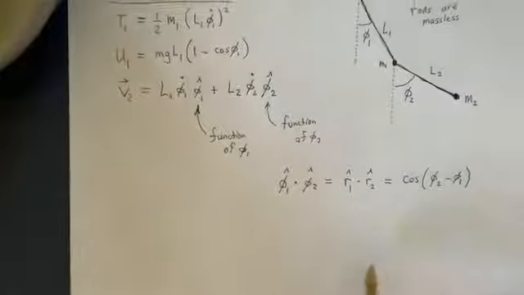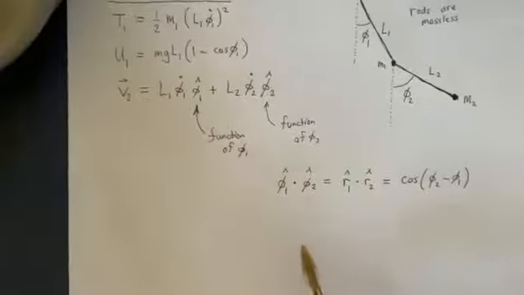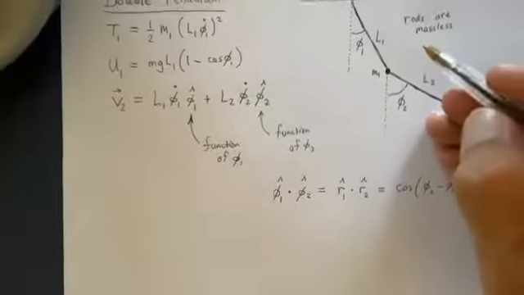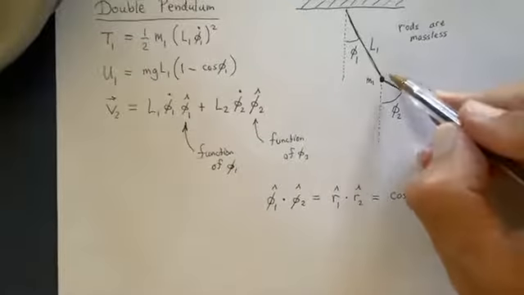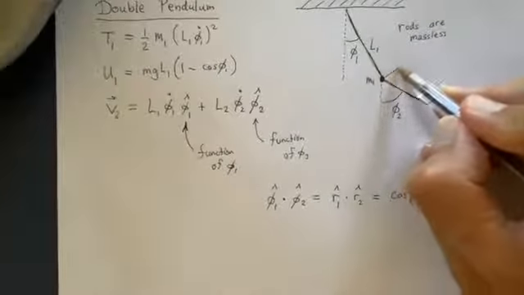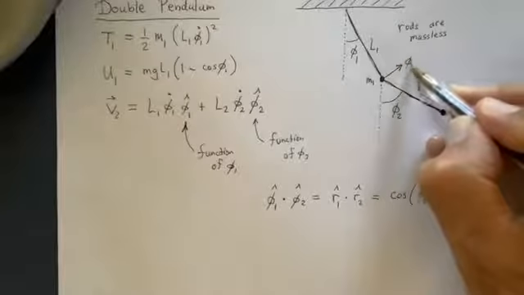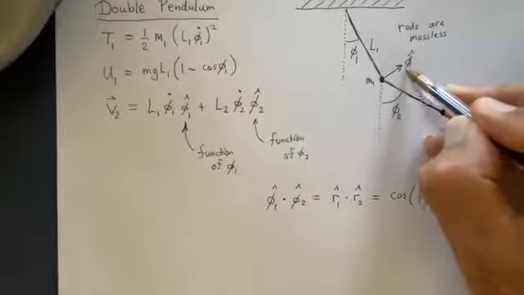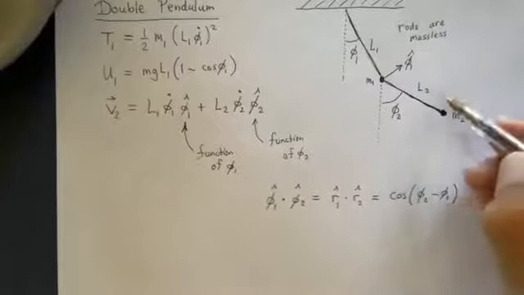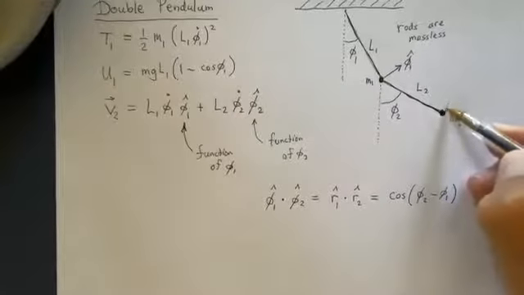Okay. Here's how this reasoning goes. We have the phi 1 hat. Remember, that's a unit vector that points in the direction you go if you increase phi 1. Right, so here's the phi 1 hat. And then we have the phi 2 hat. That's the direction you go if you increase phi 2.